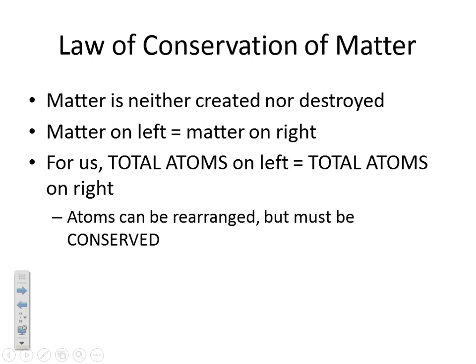For us, in chemistry, we interpret the law of conservation of matter in terms of atoms. The total atoms that you start with on the left-hand side of the arrow must be equal to the total atoms that you end with on the right-hand side of the arrow. So that equals, that's really your arrow. That's your yields in a chemical reaction.